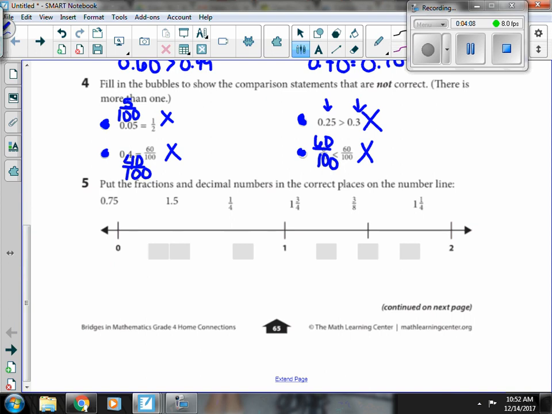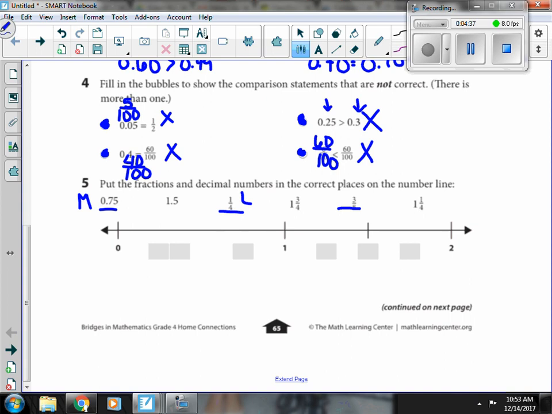Number 5, put the fractions and decimals in the correct place on the number line. I see that I have some that are bigger than 1 and some that are less than 1. So I'm going to look at these ones that are less than 1. And I see this 75/100 is more than half, because again, half of 100 is 50. 1/4, so I'm going to put a little m there for more than half. 1/4 is less than half.